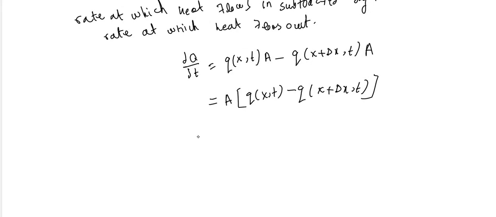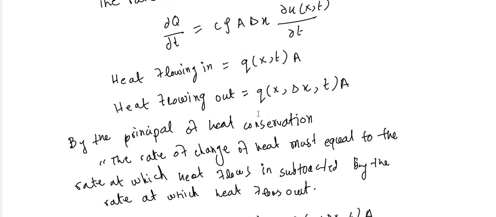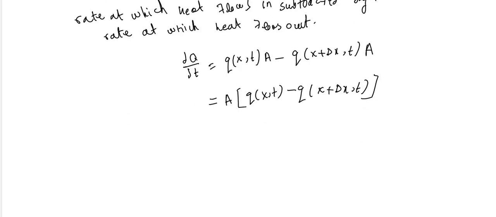Now in our data, for the left hand side we are aware of it. You can see here we have the change in heat. So if we substitute this value into our equation of heat conservation, we will end up with a new condition.